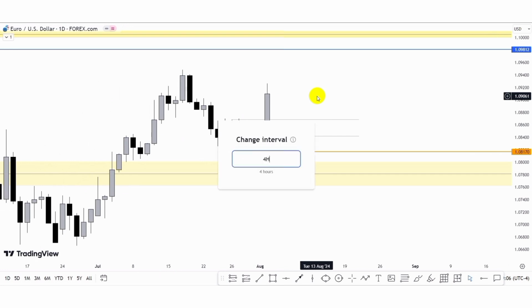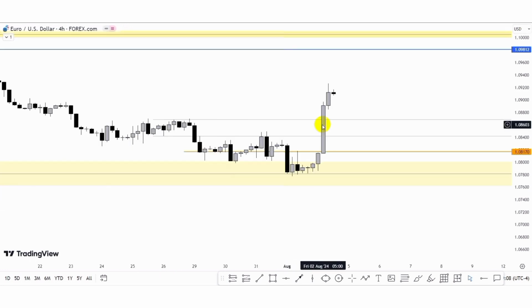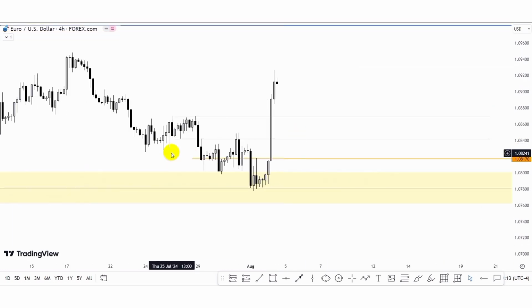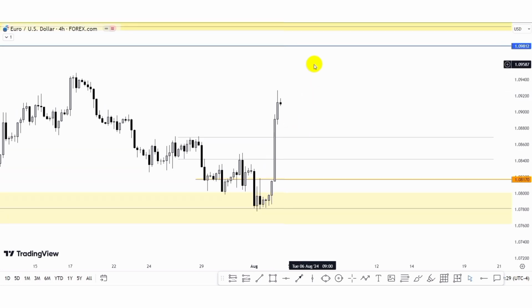So let's check the 4-hour time frame. Here in the 4-hour time frame, you can see that price gave us the downward movement, price returned, mitigated this consolidation, and then price fell. So we could see price return into the consolidation that was broken, and then price gives us the bullish move to the upside.